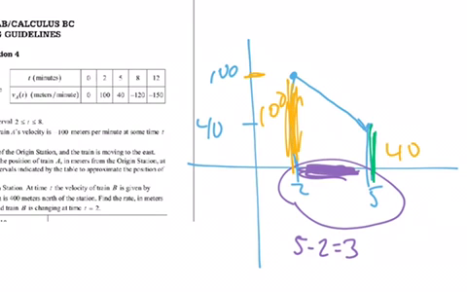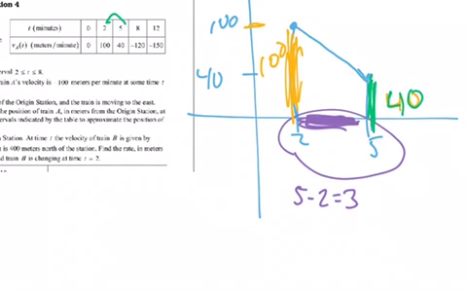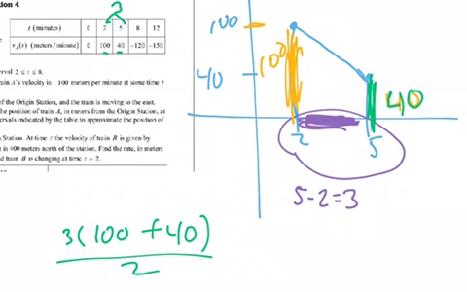So base 1 is 100, base 2 is 40. I'm just taking the difference here, which is 3, and my bases are 100 plus 40, all divided by 2. I think this is the easiest and fastest way of doing it.